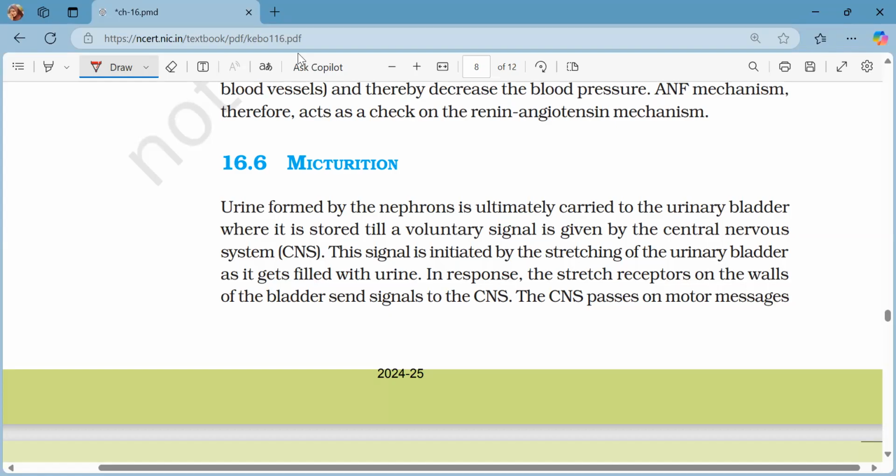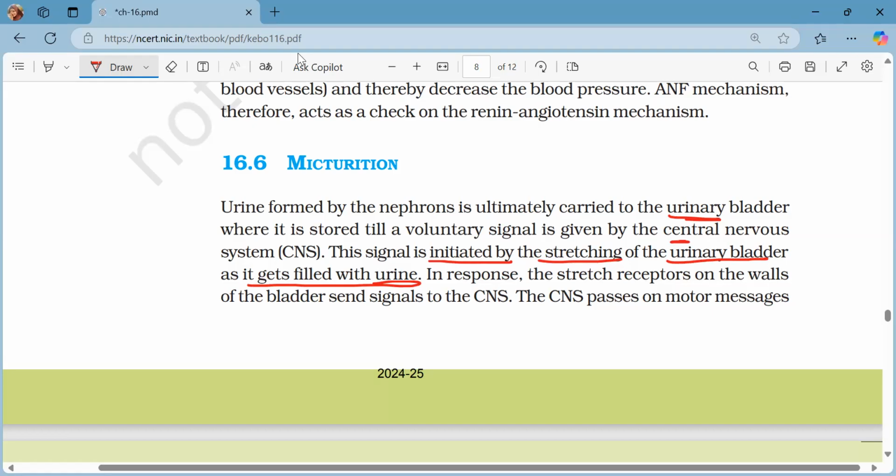After that, we have micturition. Urine that is formed by the nephrons is ultimately carried to the urinary bladder. The urine is stored inside the urinary bladder until a voluntary signal is sent by the CNS to release it. This signal is initiated by the stretching of the urinary bladder as it gets filled with urine.